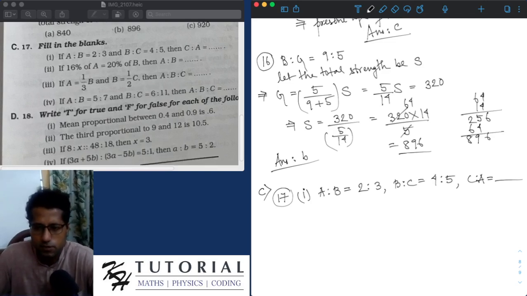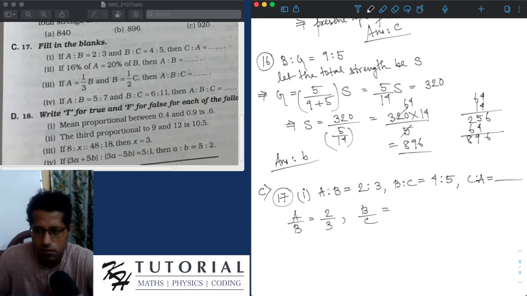Now, A is to B equals 2:3. This means A by B equals 2 by 3, and B is to C equals 4:5 means B by C equals 4 by 5.